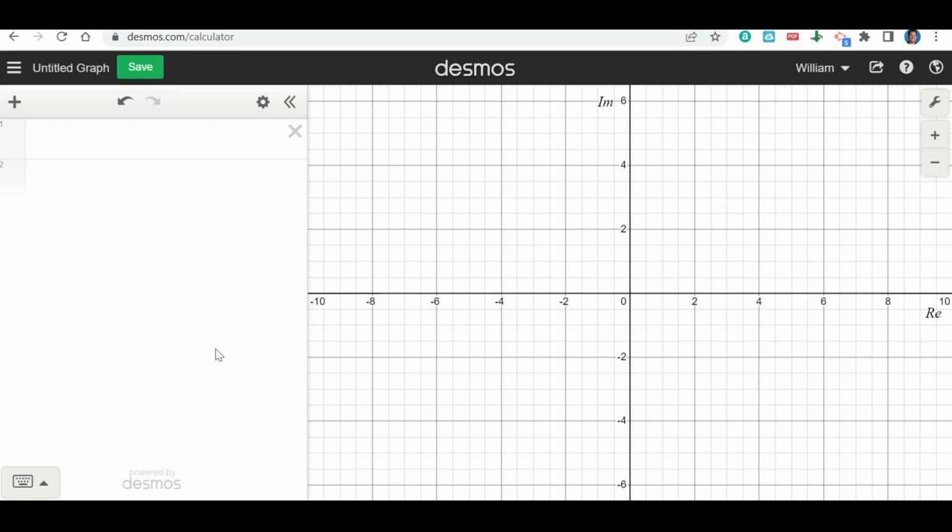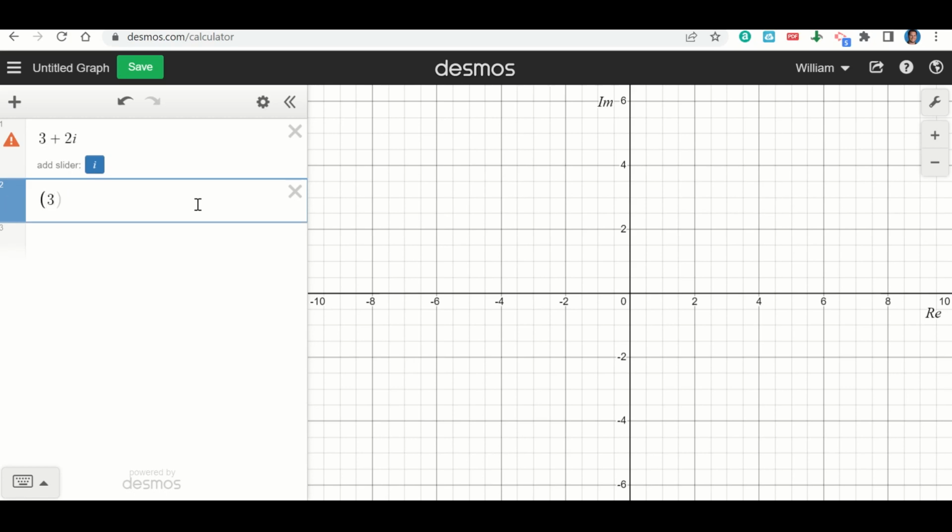Now let's say we were trying to plot the point 3 plus 2i. Well, we're going to treat the first number, the real number, as our x, and the imaginary number, the number in front of the i, as our y. So we'd go ahead and put it in parentheses.